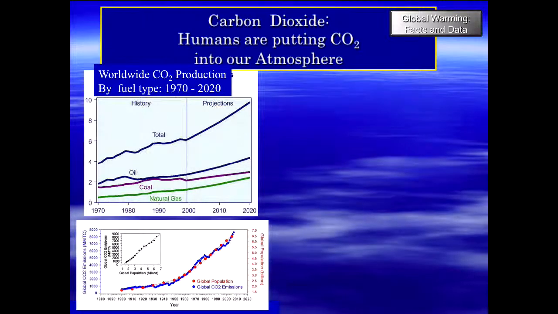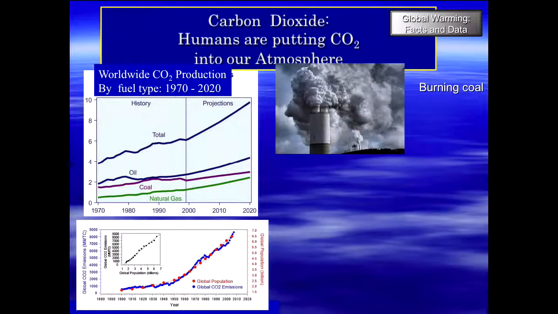And we do it when we burn oil, when we burn coal, when we burn gasoline, and when we burn natural gas. When you break apart those hydrocarbons, what's spewed out when you burn those fossil fuels is a suite of carbon-based molecules, primarily carbon dioxide.